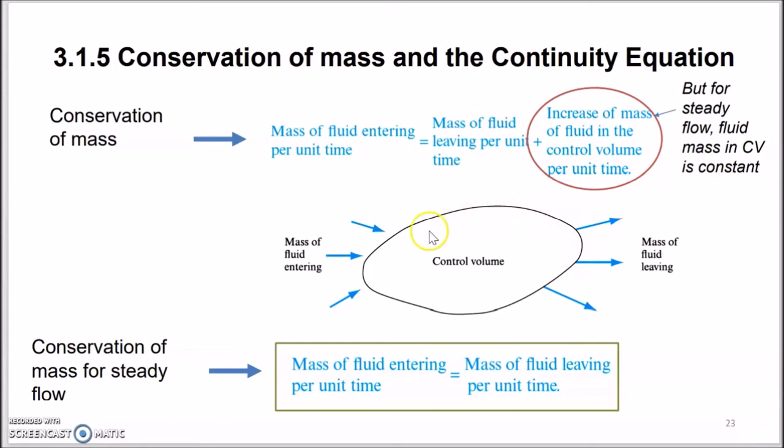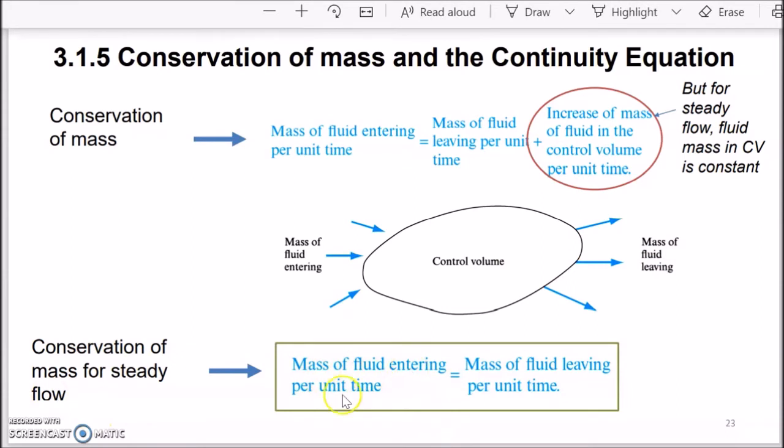For example, in the previous example we have a nozzle. The mass of fluid entering the nozzle, or control volume, equals the mass of fluid that leaves the nozzle. So for steady flow, the mass of fluid entering per unit time equals the mass of fluid leaving per unit time.